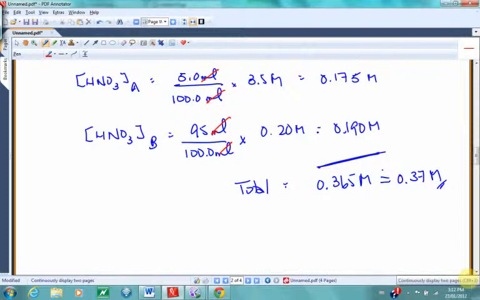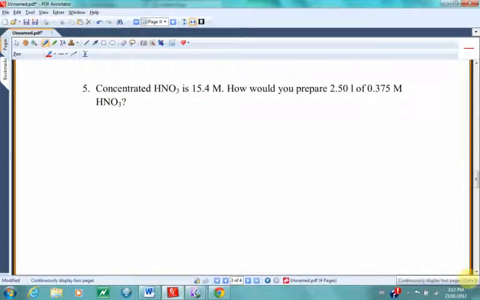So with this one, we're taking a stock sample of nitric acid, which happens to be as strong as it can get, 15.4 molar, and we want to dilute it. So I think we should do the M1V1. M1, M2. This "of" means it's linked, so it's V2.